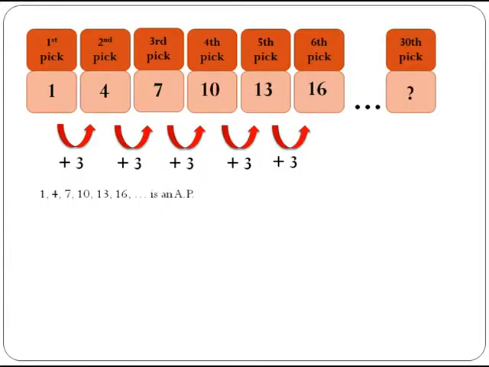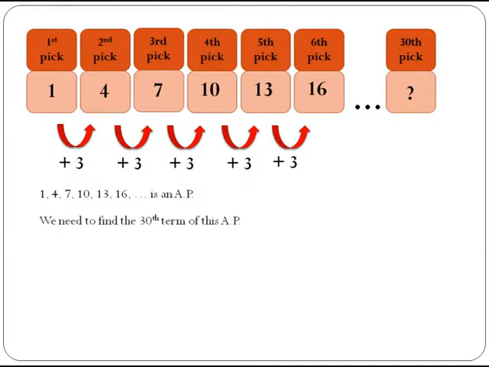So here comes the formula for it. Here is the list of the number of candies the kid had picked up: 1, 4, 7, 10, 13, 16 and so on. Clearly this is an arithmetic progression. Now the formula I'll give you will help you find the nth term of any AP.